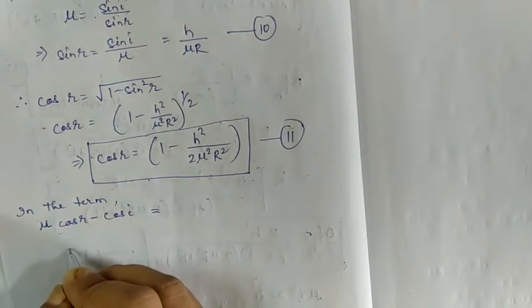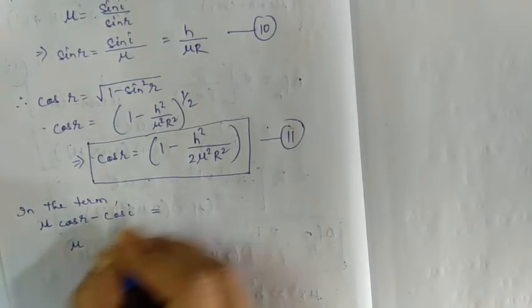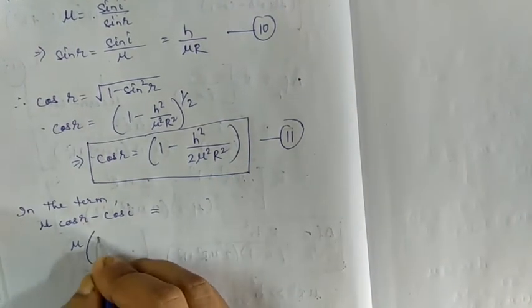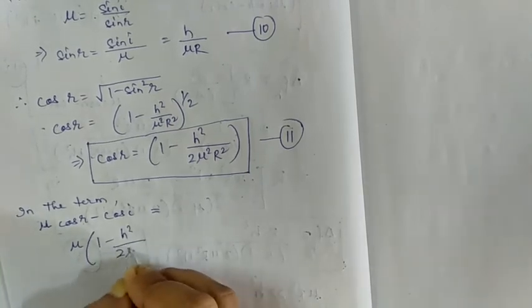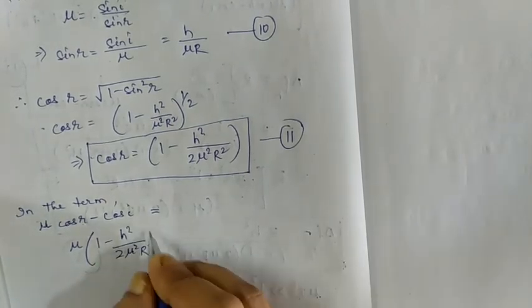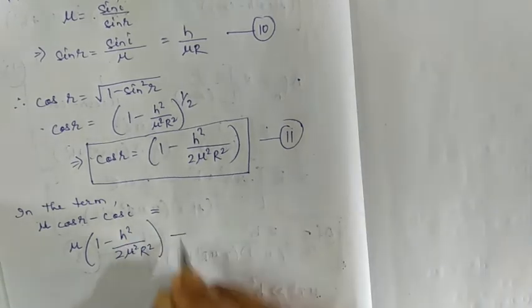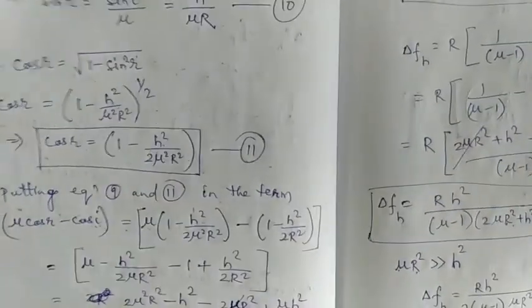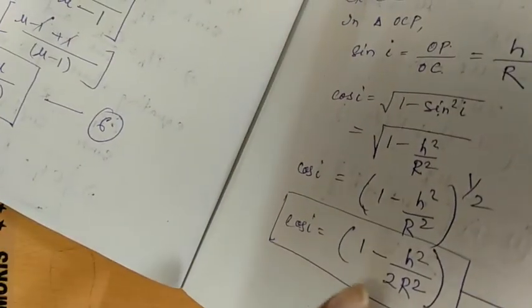So we get here mu, in place of cos r going to put this value, that is 1 minus h square by 2 mu square r square, minus, in place of cos I you can substitute this value, that is 1 minus h square by 2 r square.